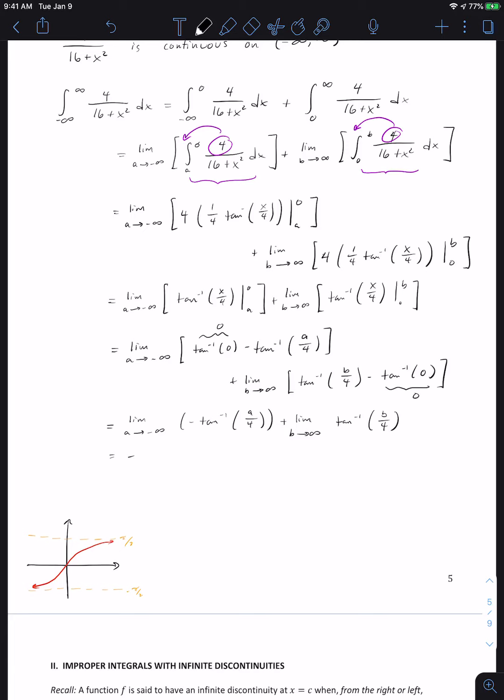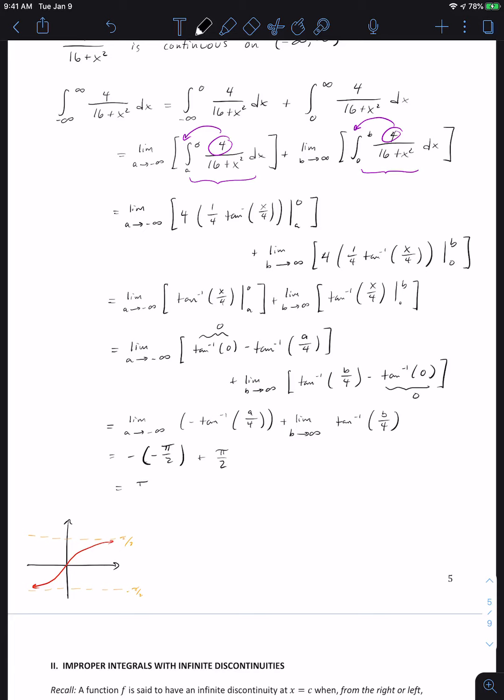So I get negative because of this negative sign right here, and then that limit is negative pi over 2, because at the far left, my tangent inverse graph goes to negative pi over 2. And then on the other side, when I go to the limit as b goes to infinity of tangent inverse of b over 4, the limit when I go to the far right of this graph is positive pi over 2.